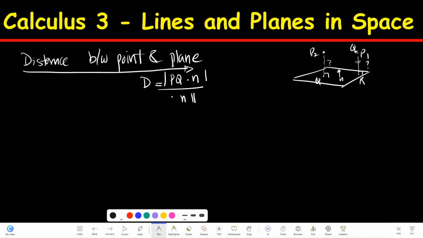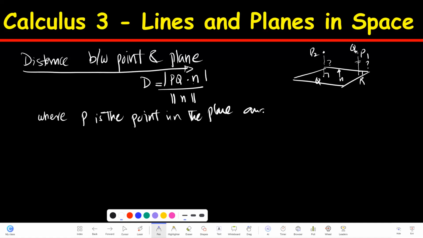And n, where P is the point in the plane and n is a normal vector.